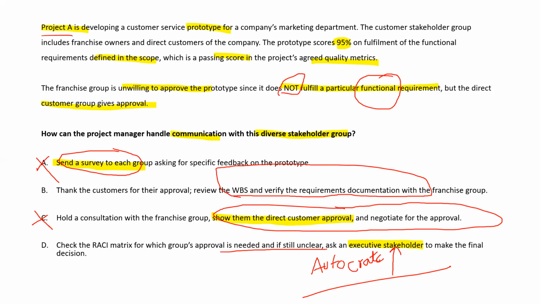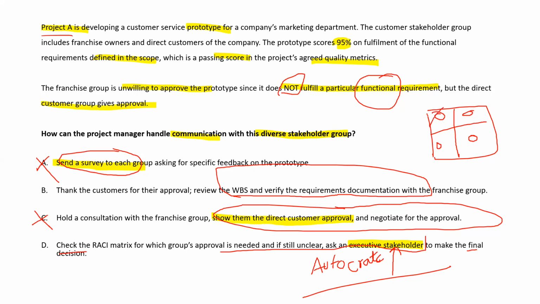Still unclear? Ask. Till here it's okay. To make the final decisions, no. Why make the final decisions? Why do you want to bring executive stakeholders in? This is the power-interest grid, if you remember: low interest, high power; high power, high interest; low interest, low power; and high interest, but low power.